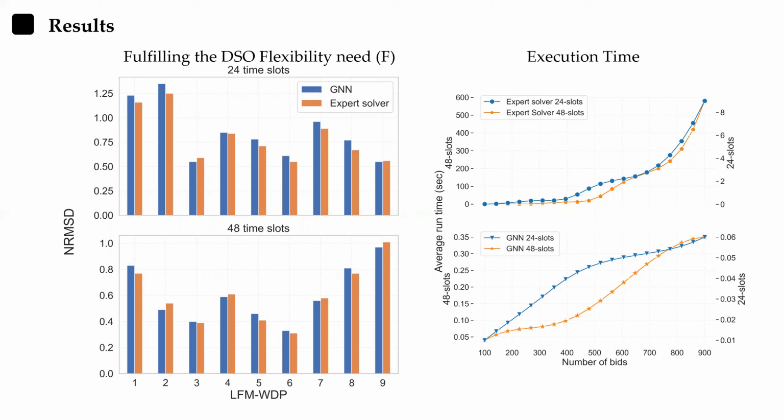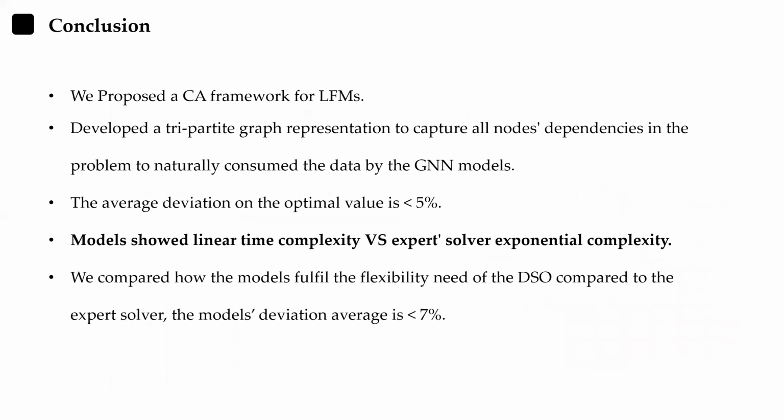The left side bars show how both the GNN model and the expert solver were able to fulfill the DSO flexibility need. This NRMSE is a metric that we proposed, but we can just focus on how close the blue bars are to the orange bars in each winner determination problem case, which tells how the GNNs were able to imitate the expert solver in fulfilling the DSO request.